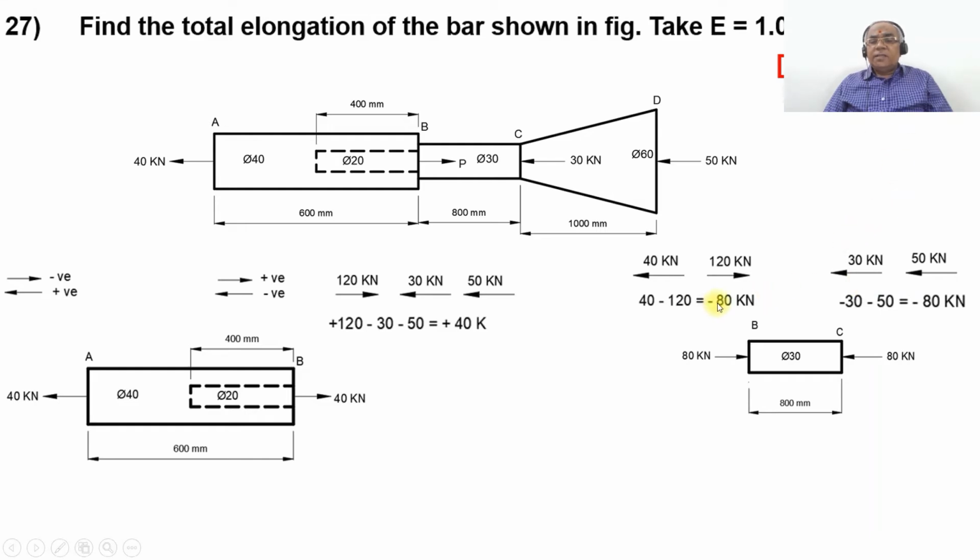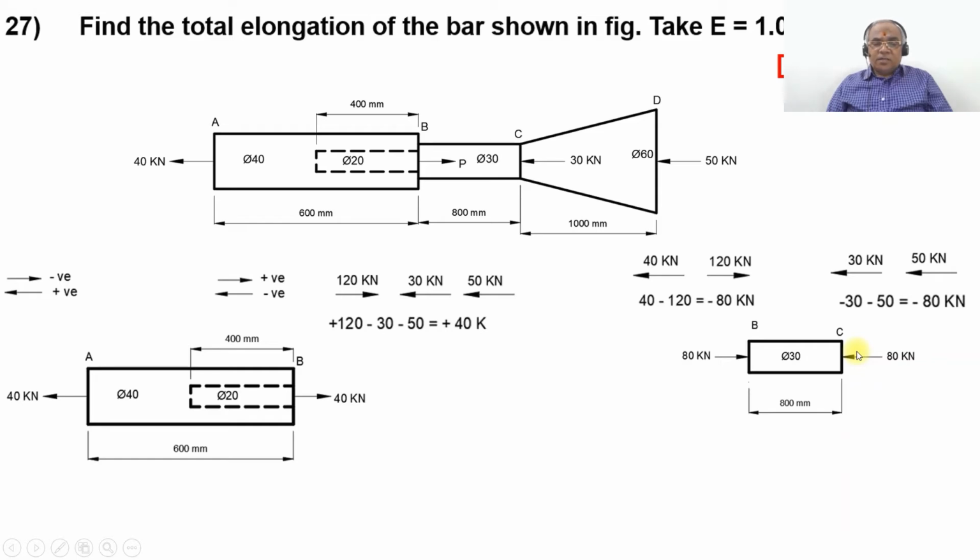How do I know that? The negative sign, by the same convention: towards the right side is negative here, which is compressive, and for the right hand side, the load acting towards the left side is negative. Negative means the load is acting towards the left side and the magnitude is 80 kilonewton. So it is compressive in nature.